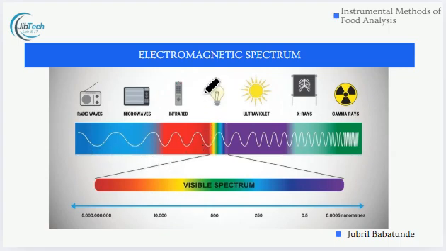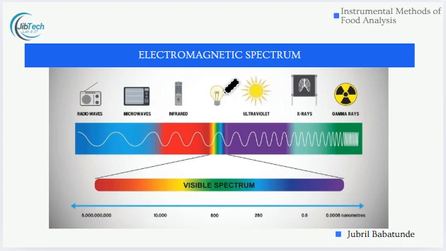So now let's talk a bit about this region, the visible region. This is the region that is visible to the human eye. That's why it's called the visible region. What happens there is, like I've been making analogy with light here, because that is the region where our naked eyes can see.